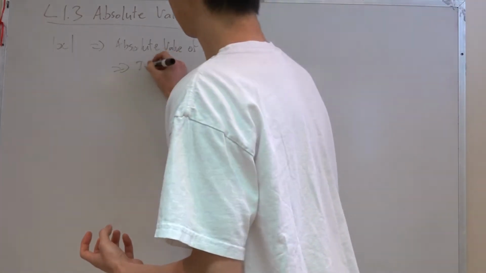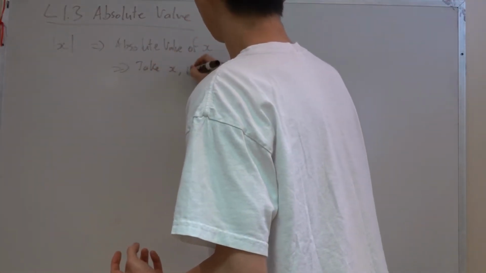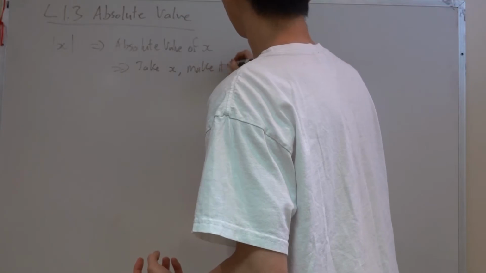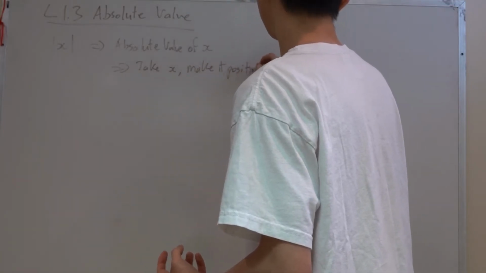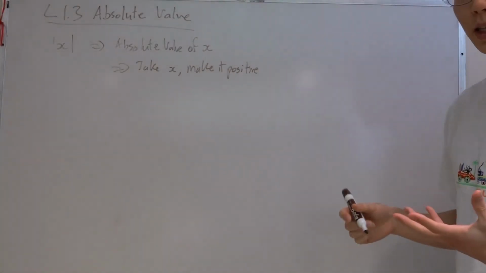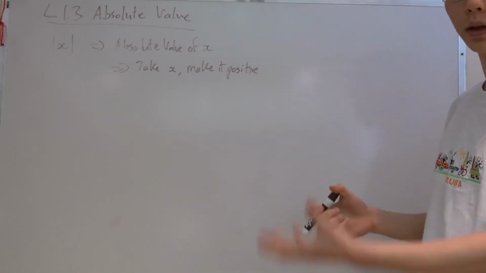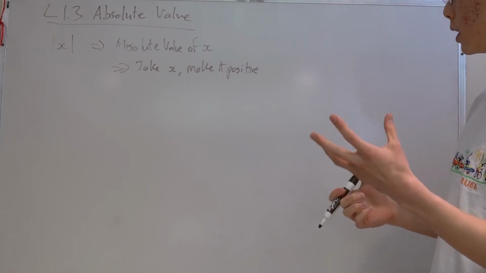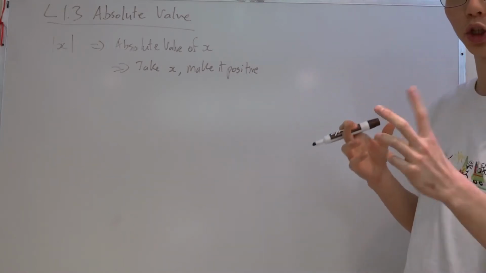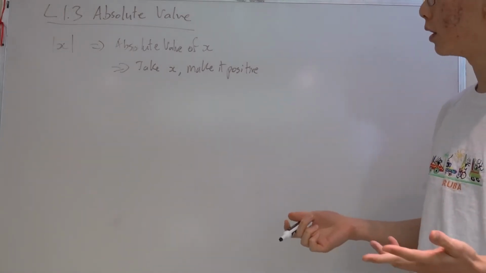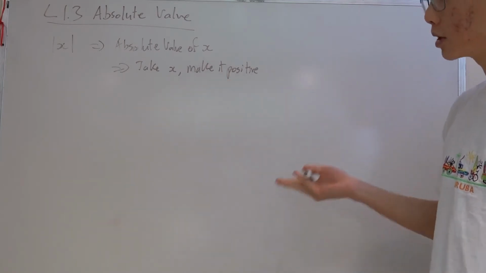So take x, make it positive. Right? So clearly this makes a lot of sense if x is a negative number, right? You're just taking the negative number and you're making it positive. You preserve the same number, you just change the sign on it. If it's positive, then it's clear that this function does absolutely nothing.